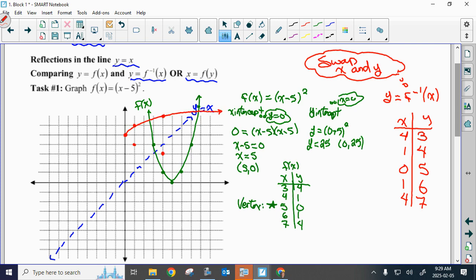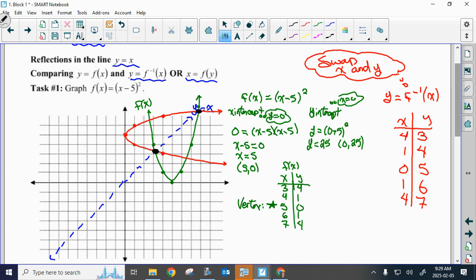Now, just like when we had a reflection across the x-axis, the invariant points were on the x-axis, we have a reflection across the line y equals x. So there are invariant points on the line y equals x. And they don't have to be (4, 4). They could be, like this one, looks like 3.2-ish.